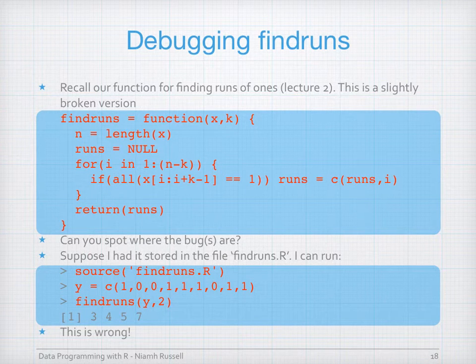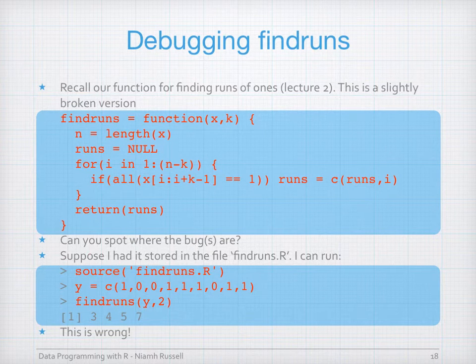If we were to run the find runs function on y with a 2 as the second argument, we'd expect to get the vector 4, 5 and 8. And as you can see here, we don't. So this is wrong. This version of find runs is incorrect, which we knew already. So we want to find where the mistake actually is.